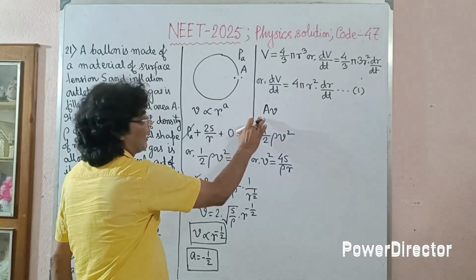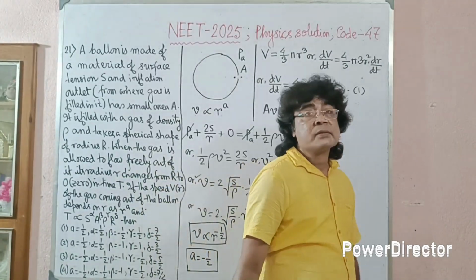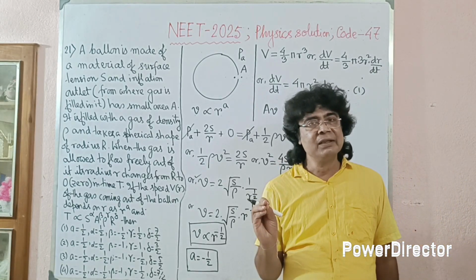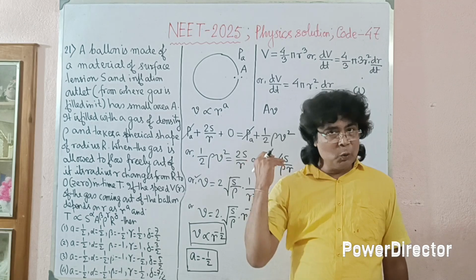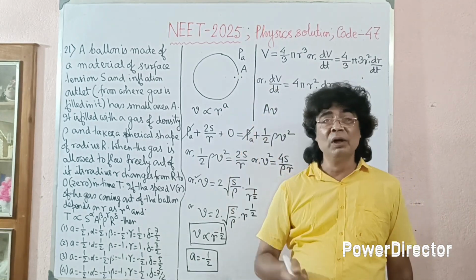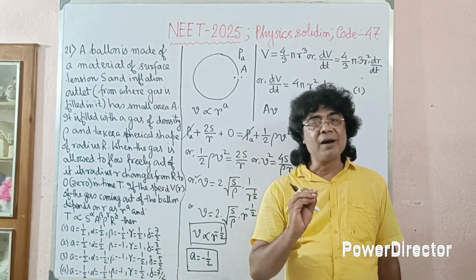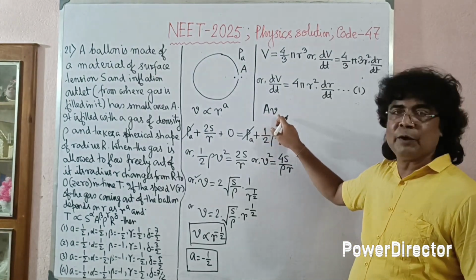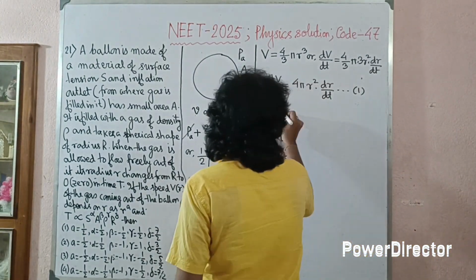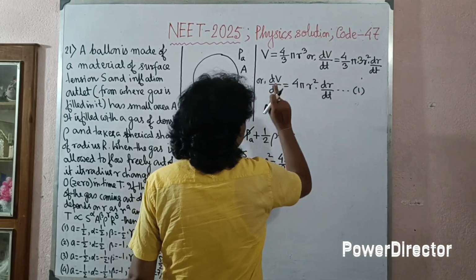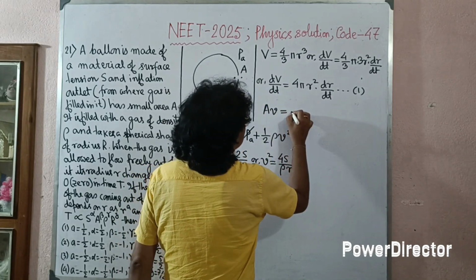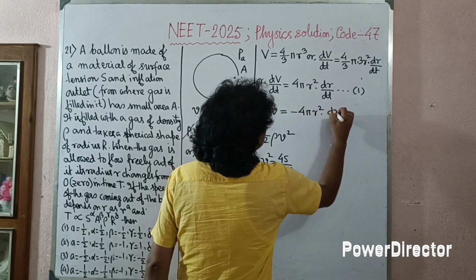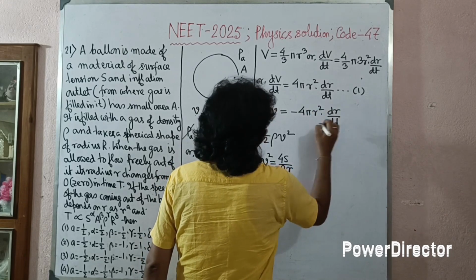Again, I repeat, volume of the gas coming out through the hole per unit time, that is capital A into small v, which is equal to minus dV dt, minus 4 pi r square dr dt.